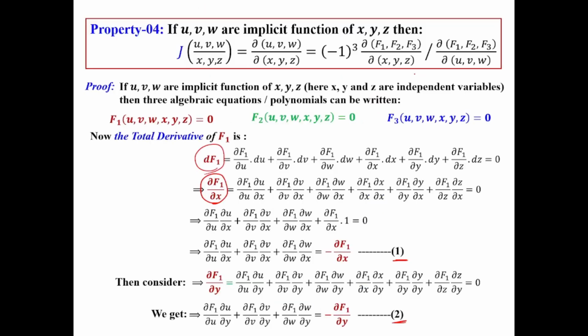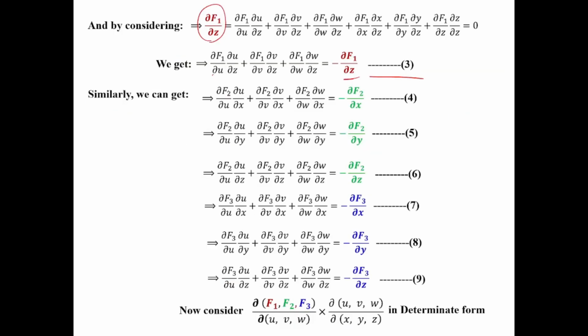Now you just think f2 is also a function of u, v, w, x, y, z. Similarly, by considering the same procedure, here ∂f2/∂u into ∂u/∂x, ∂f2/∂v into ∂v/∂x, ∂f2/∂w into ∂w/∂x will be how much? Will be minus ∂f2/∂x. That is your equation number 4. Likewise, with respect to y, first I have to consider df2, then I have to consider with respect to y, ∂f2/∂y, then I can find equation number 5.